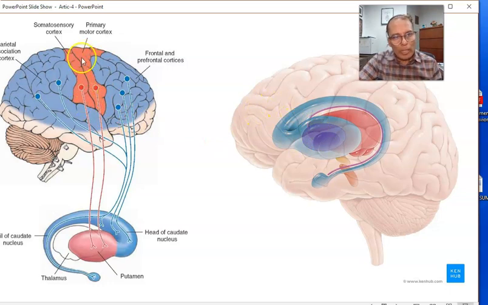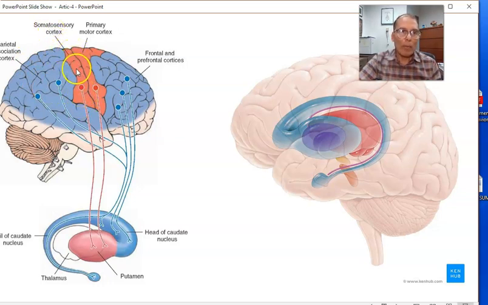So these areas that you see on the brain, this is the frontal lobe. The posterior part of the frontal lobe here, this red mountain, we call it sulcus. That area is your motor cortex. And behind it, that is part of the parietal lobe, is the sensory cortex or the somatosensory cortex.